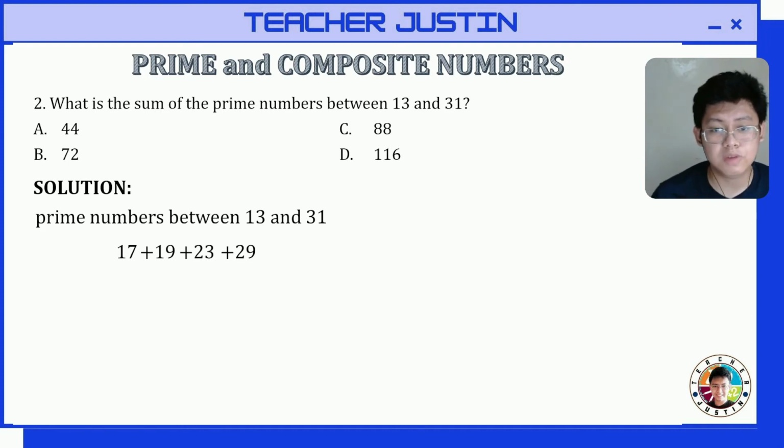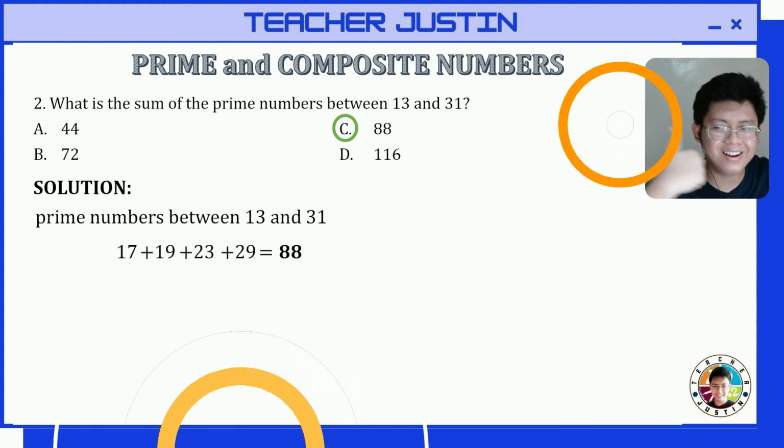So, we're not going to include 31 as well. Now, let's add 17, 19, 23, and 29 to answer this item. So 17 plus 19 plus 23 plus 29 will give us a sum of 88. And to answer this item number 2, that will be letter C, 88. And that's it. Tada! Alright.